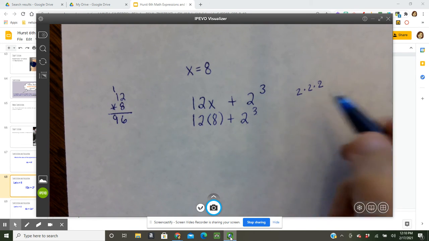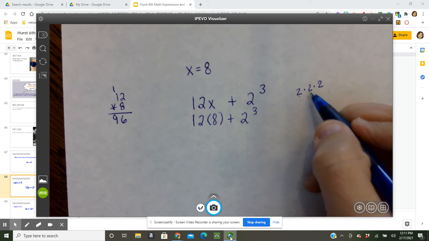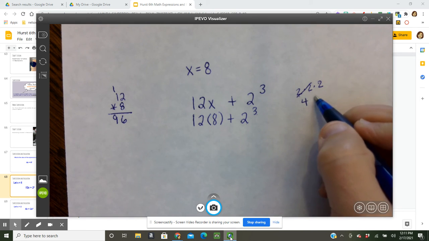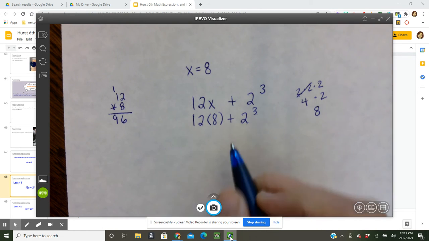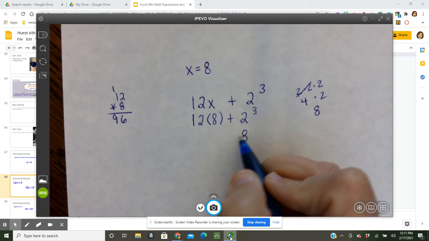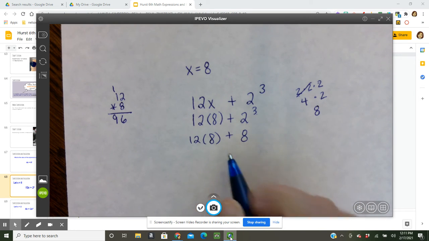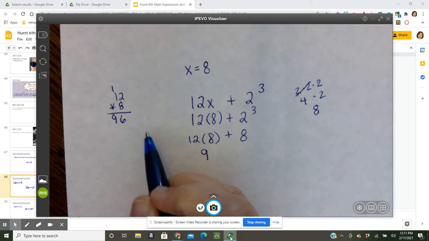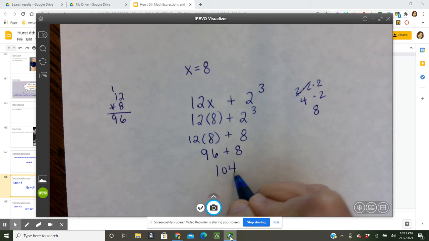And 2 to the third, if you're not sure about that, because we have to do that first, 2 times 2 is 4. Then you still have to multiply that by 2, and 4 times 2 is 8. So I'm going to replace this with an 8. Now I would multiply before I add, and I already know that's 96 plus 8, and that equals 104. So hopefully you got that answer when you substituted.